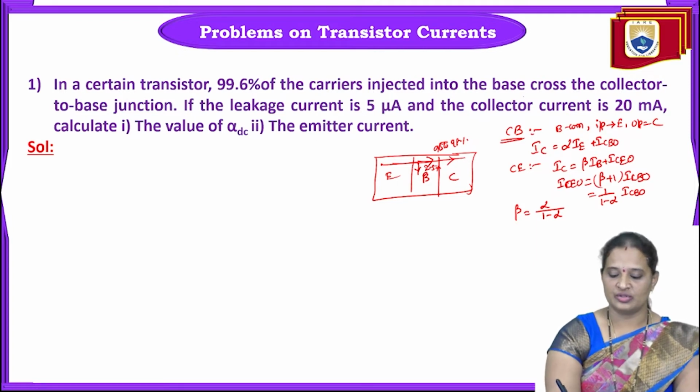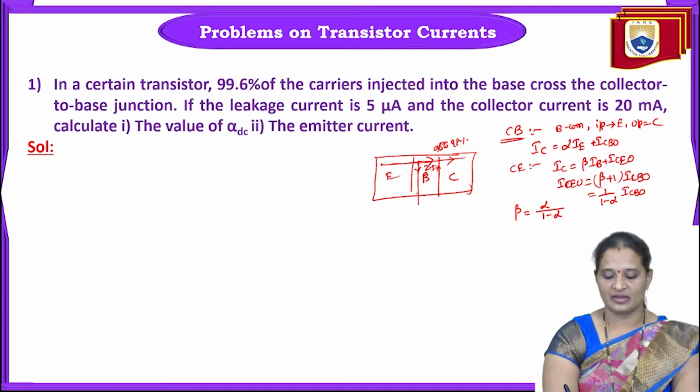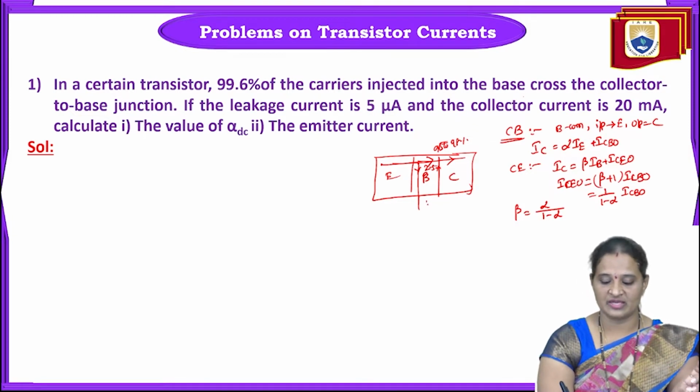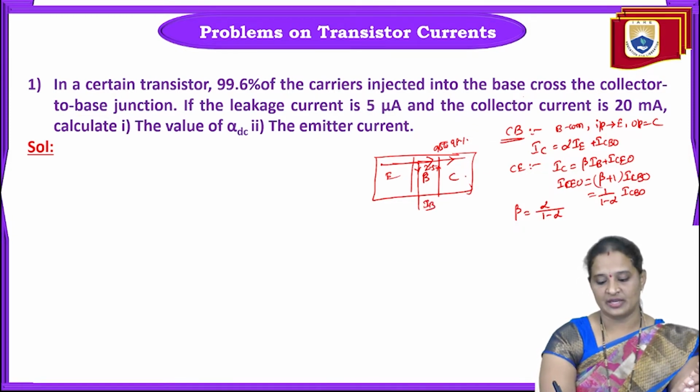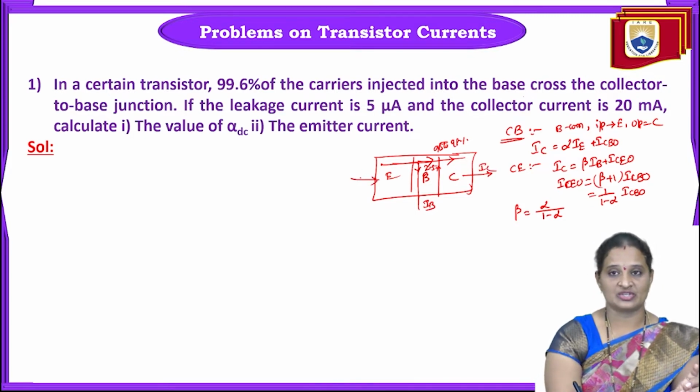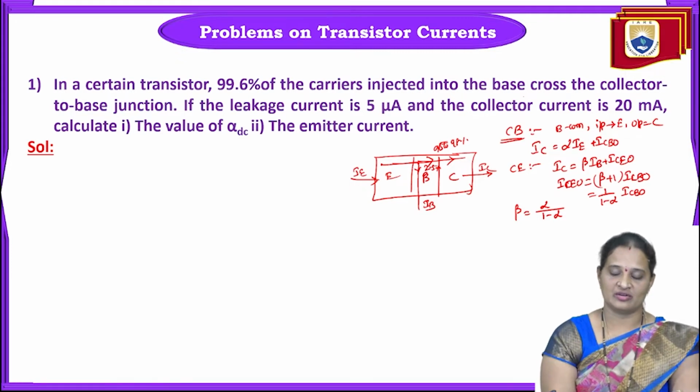This 2 to 5% of the carriers entering the base will recombine with the majority charge carriers of the base, which leads to some base current, and the rest lead to collector current, and the majority charge carriers generated in the emitter terminal lead to emitter current.